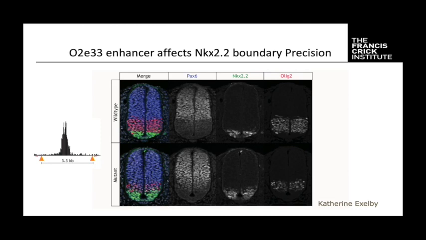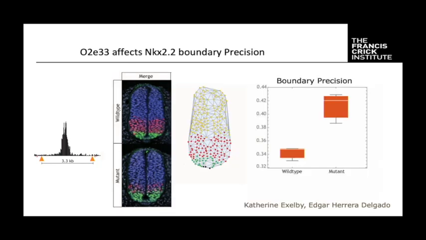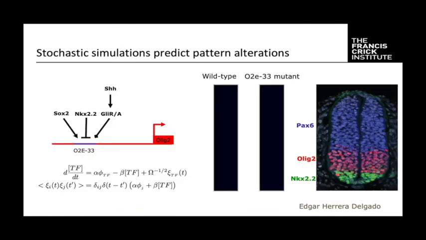But also what's quite striking is when we look at the precision of the boundary between NKX2-2 and OLIG2, we see a decrease in this precision. If we compare this to the wild type where there's a reasonably sharp domain, there's increased intermixing between the red and the green cells in the absence of this regulatory element. Indeed, if we measure the precision, that is the case.